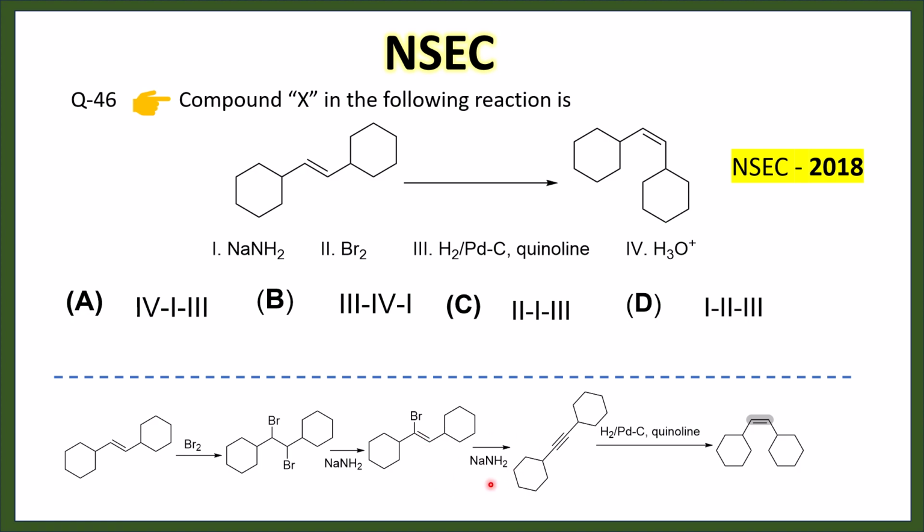Again another elimination of HBr gives this alkyne. Then hydrogenation of this alkyne, particularly with palladium on carbon and quinoline, gives the cis product, so cis alkene. So here the right sequence is 2, then 1, then 3.